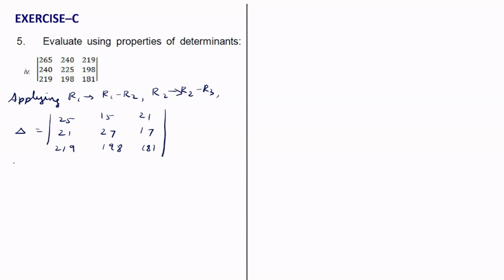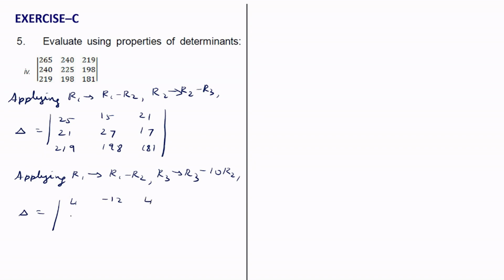Now let us apply R1 changing to R1 minus R2 and R3 changing to R3 minus 10R2. So we get delta as 25 minus 21, 4, 15 minus 27, minus 12, 21 minus 17, 4.